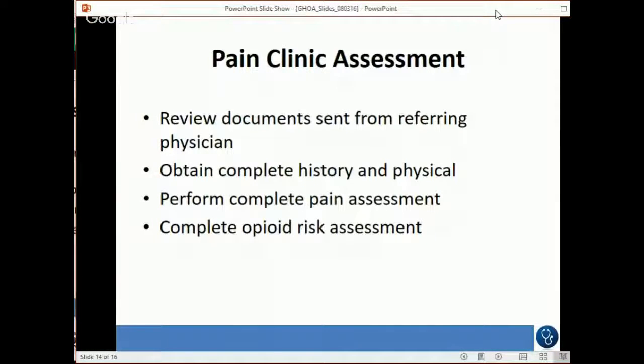So the first thing that you would do when they came to us is we'd look at everything that you guys had sent to us. So I reviewed that case study, and we would do a physical and a history taking of our own in addition to see if sometimes people leave things out or they don't think it was important to tell. So we would do another history and physical, and then actually do a complete pain assessment.